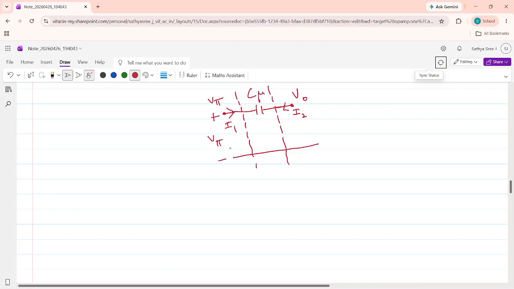The voltage here is V pi, the voltage here is V naught. I will write a loop equation starting from this direction: minus V pi plus the potential across C mu, which is I1 multiplied by 1 divided by j omega C mu.